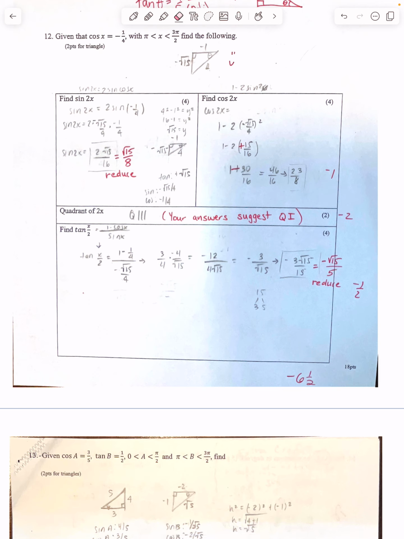Next one, the problem with this one really is I think you're using the wrong formula. The sine of 2x is, well, no, maybe this is what you had, 2 sine x cosine x. So that is correct, but I'm not sure what this is. I got a little lost.